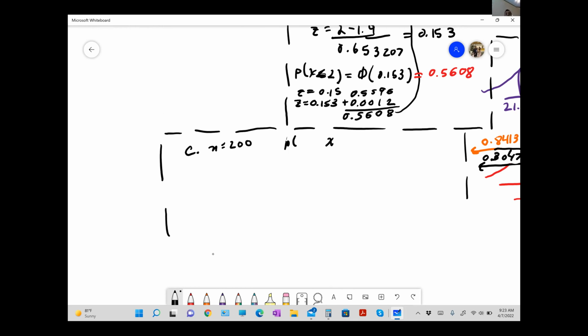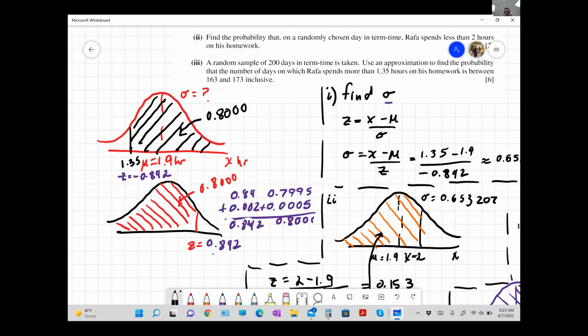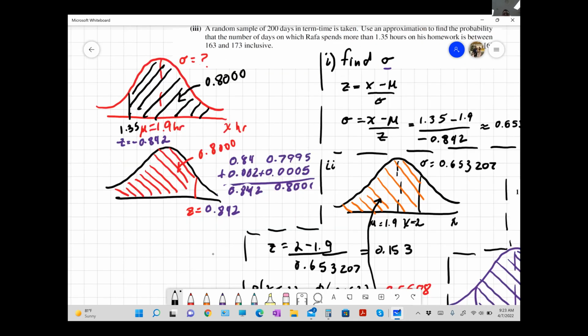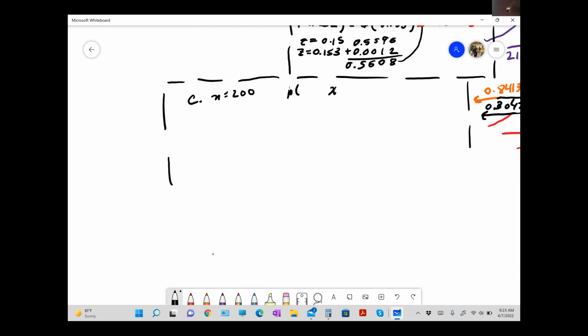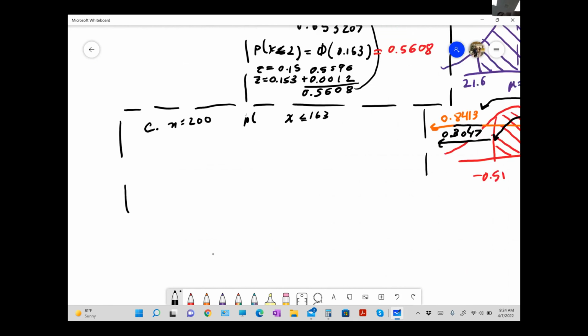Now I can't see the question, that's why I kept the question up there, so let me slide back and forth because it's easier for me. It says the probability that X is between 163 and 173 inclusive. So 173 goes on this side and 163 goes on this side.